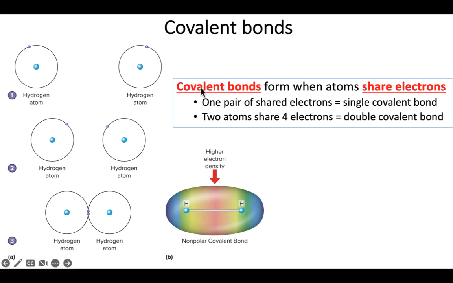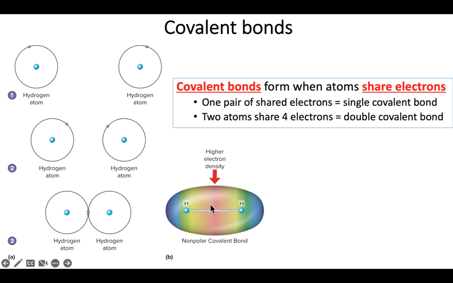What's that word mean? If you want to know where that word came from, the outer orbit of an atom is called the valence electrons, and they're sharing valence electrons. So covalent means the atoms are sharing electrons that are in their outer orbit or outer shell.